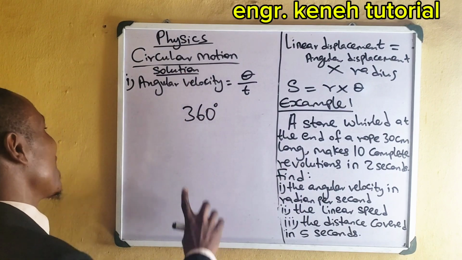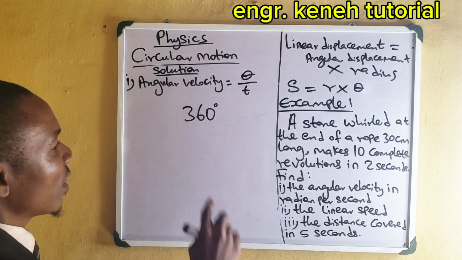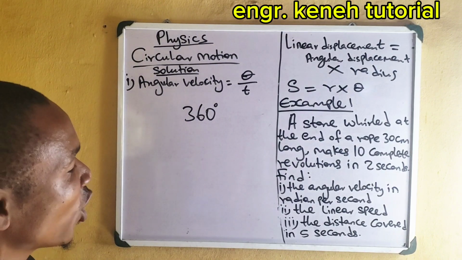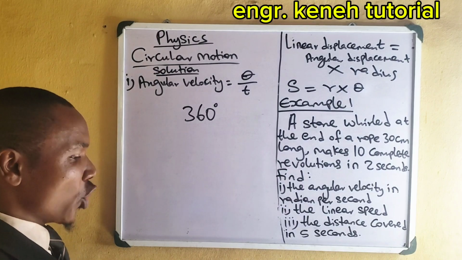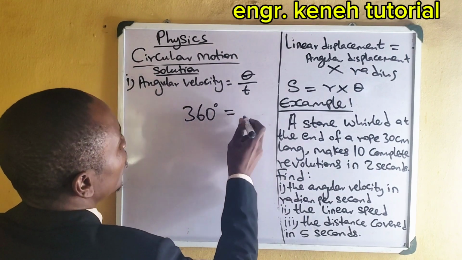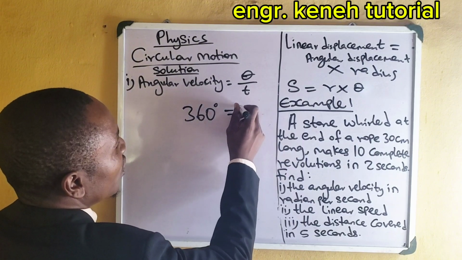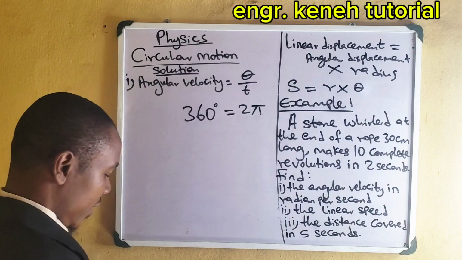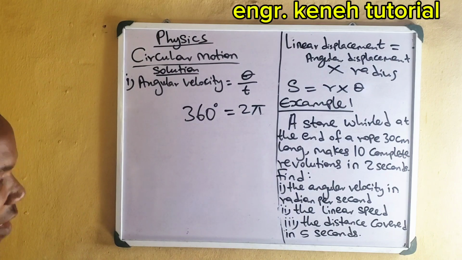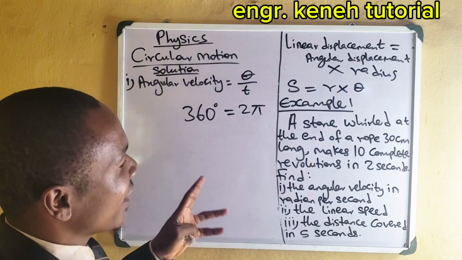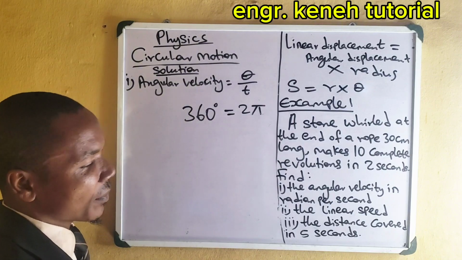That means when you move around a circle, you have covered 360 degrees, and that is what we call one revolution. And 360 degrees is equal to 2 pi. When you want to convert it to radian, it is equal to 2 pi. Is it clear?